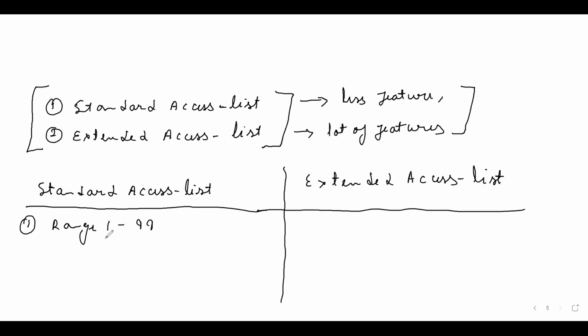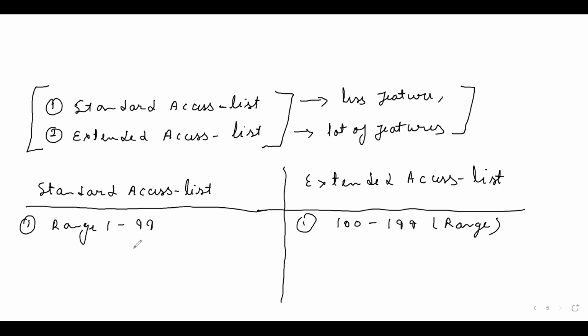Range means I will just give a number to my access list, nothing else. And its range is 100 to 199. This is the range of access list. When I make an access list, I will give a number there.